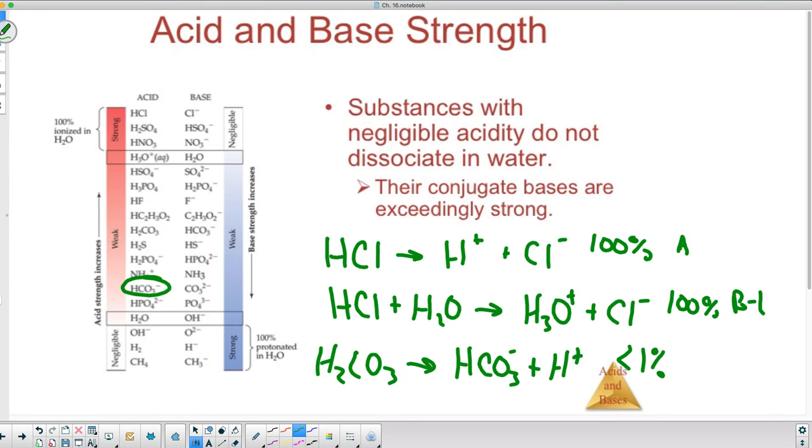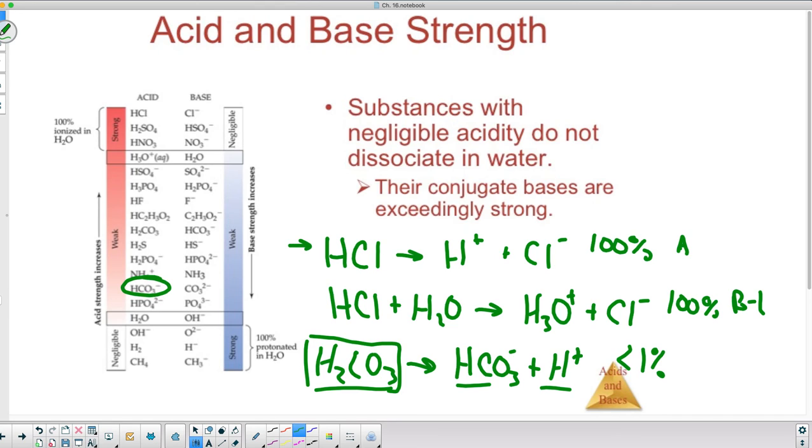So that acidic bite that you taste from carbonic acid is really a very, very weak acid. Even though we know it's an acid, if that happens very little, then most of my reactant is still looking like H2CO3. That's what this means. Substances with negligible acidity do not dissociate in water, and those that are weak acids do not completely dissociate in water, not like our strong acids do.